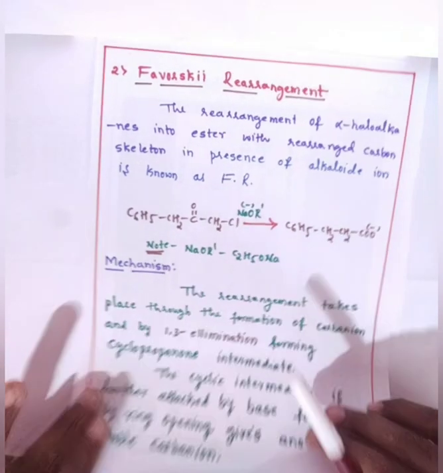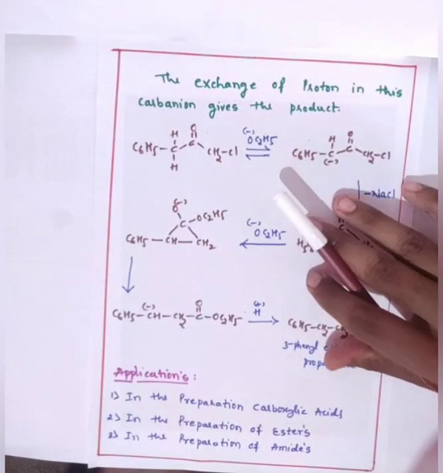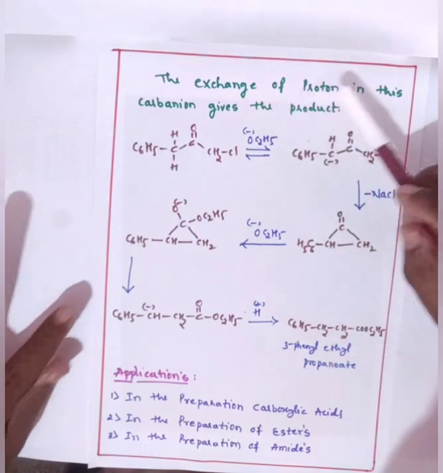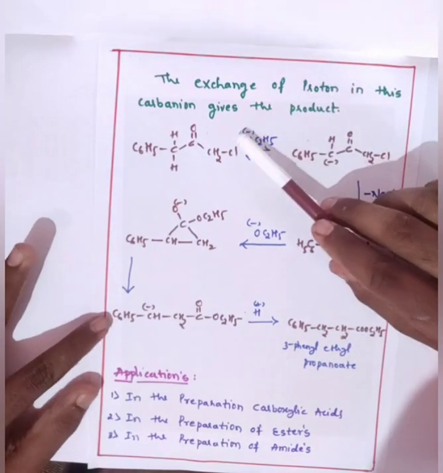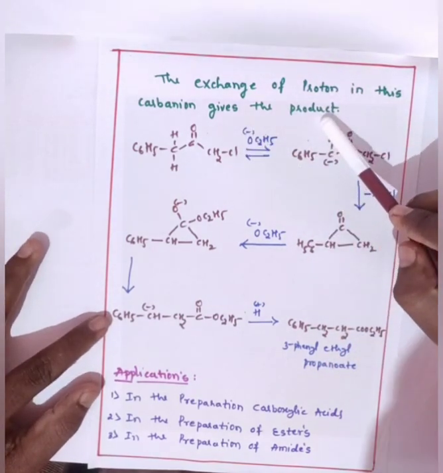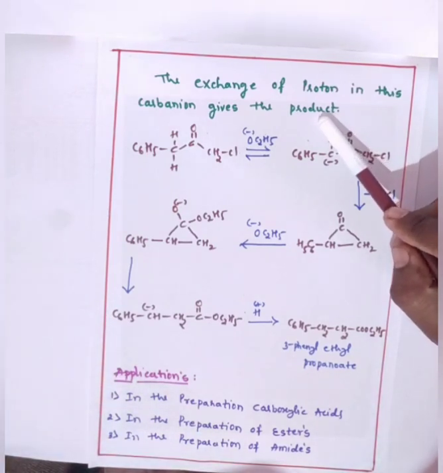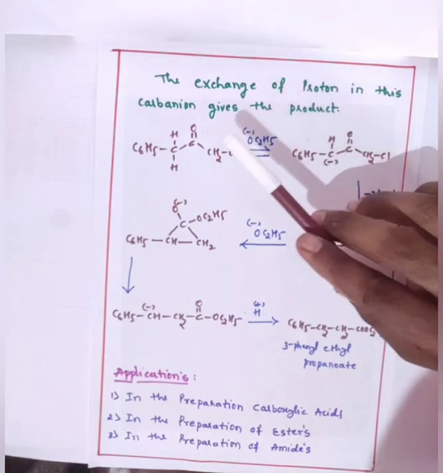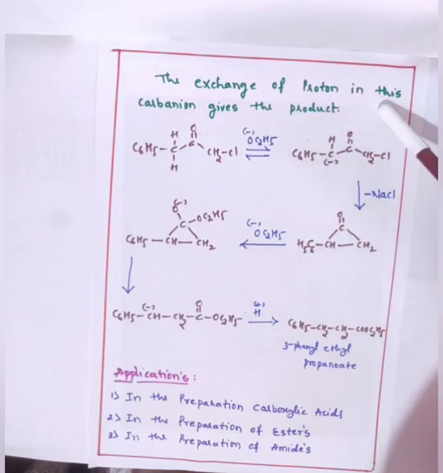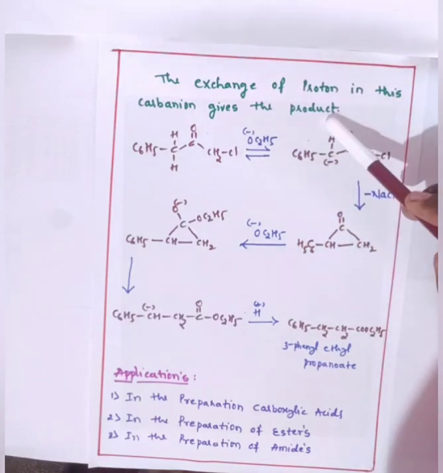We can see that mechanism here. The exchange of proton in this carbanion gives the final product. So after the attack of base on the cyclic intermediate, it gives a second stable carbanion, and the exchange of proton then gives the final product.